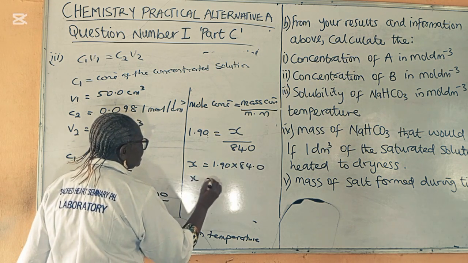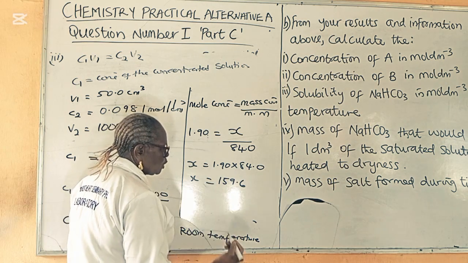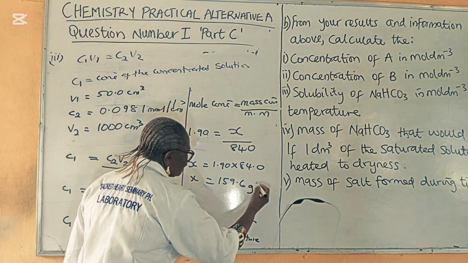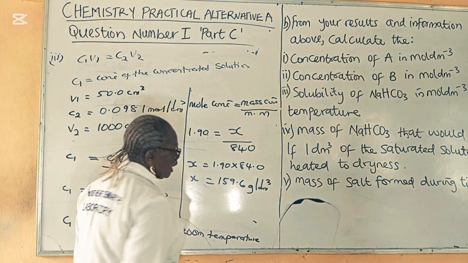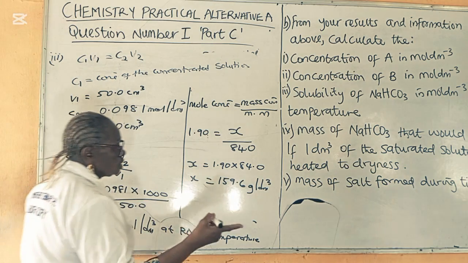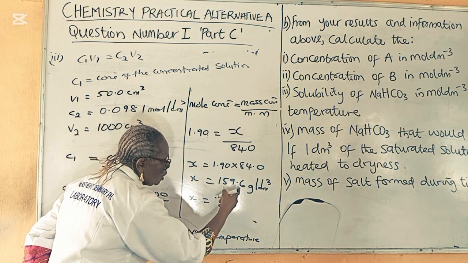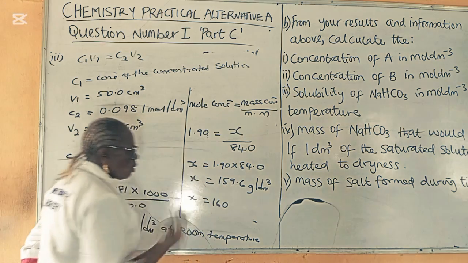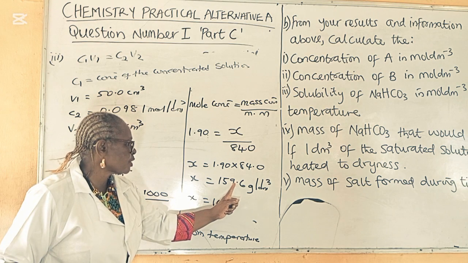So what is X now? Like I always say, you put it to 3 significant figures. But I can still permit myself to put the unit, gram per dm cube at room temperature. But let's get it properly written. So it has to be 160. Why is it 160? I have to stop here as my 2 significant figures.